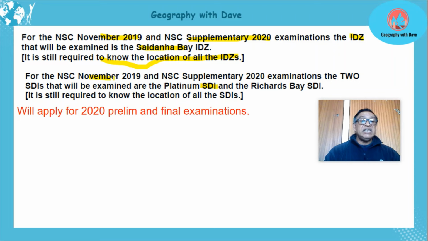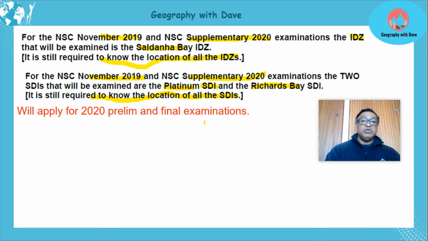Again, it states here 2019 November and supplementary 2020, these two will be tested: the Platinum Spatial Development Initiative and Richards Bay. And of course, you're still required to know the location of all the SDIs.